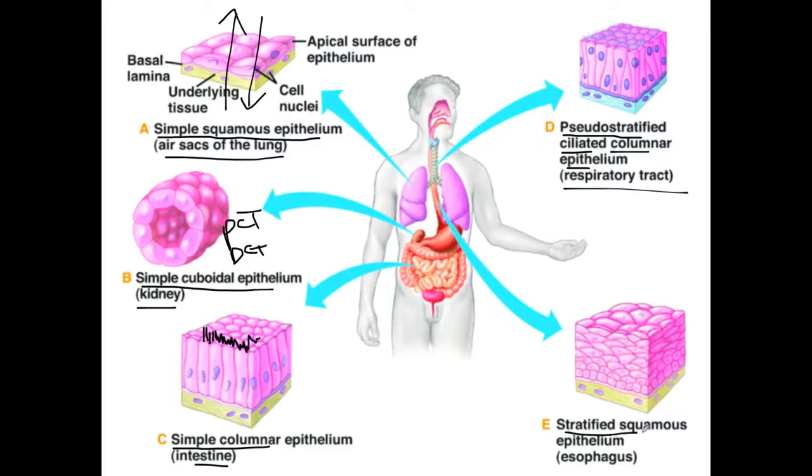And then stratified squamous epithelium. It's the top few layers. You always look at the apical layer towards the top. We're not looking at the bottom layers, we're looking at the top portion. So it's definitely flat, irregular cells, multiple layers, stratified squamous, found not only in the esophagus, but even the skin, the epidermis. Where here, these were cube-shaped, also one cell layer thick.